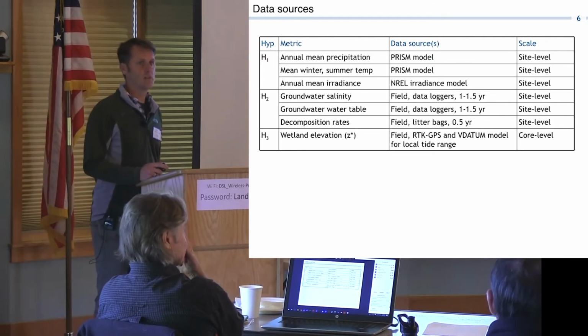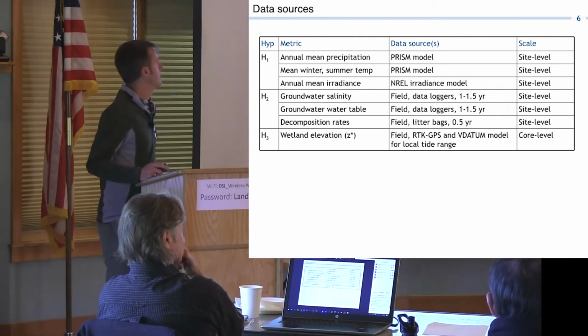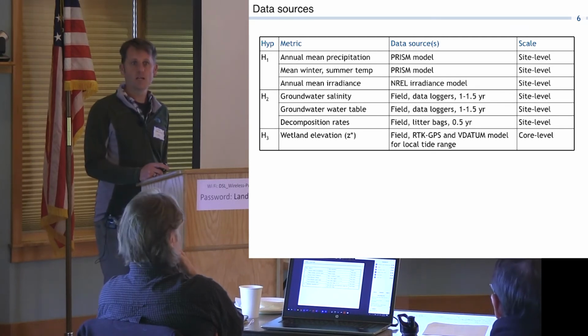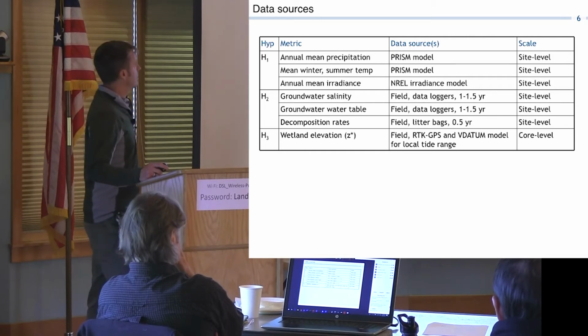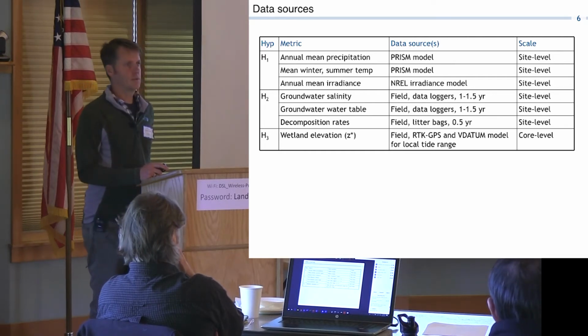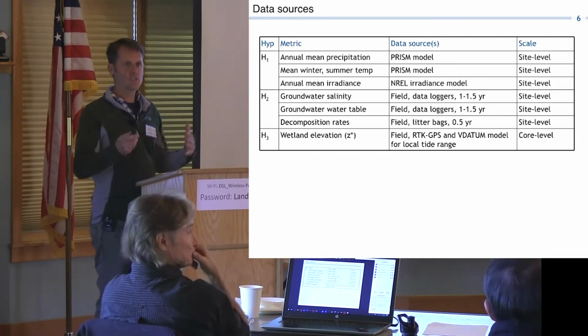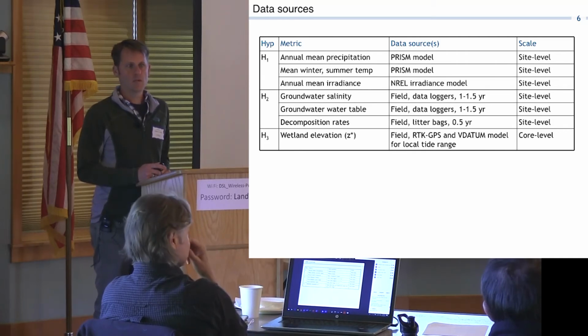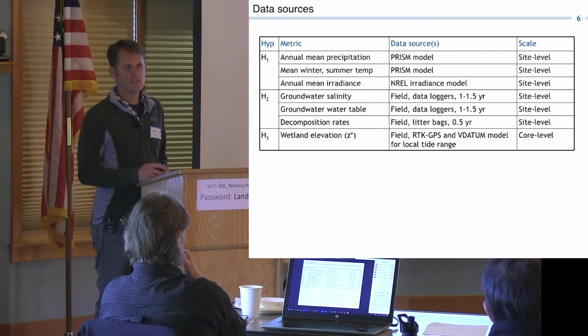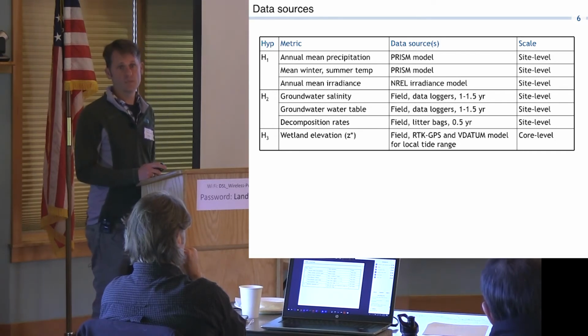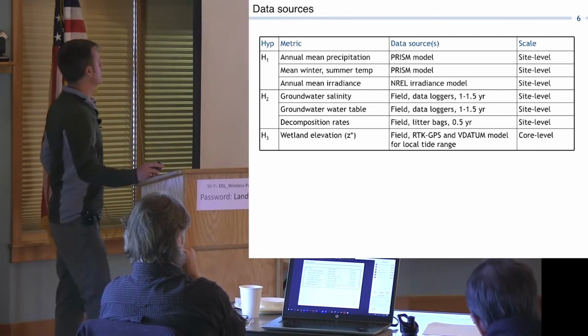So this is a model that covers the entire United States and gives us 30-year climate normals for any parcel of interest. We use the NREL irradiance model to get annual mean irradiance. So this is just how much sunlight is reaching a given site, and that in theory would be correlated with the productivity potential of the plants at that location.